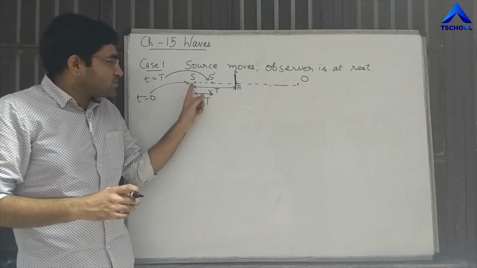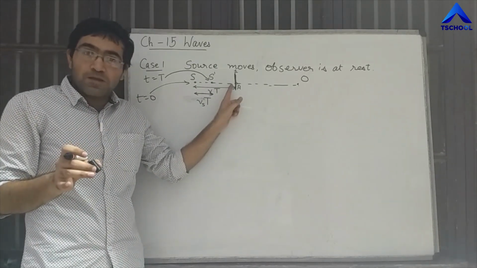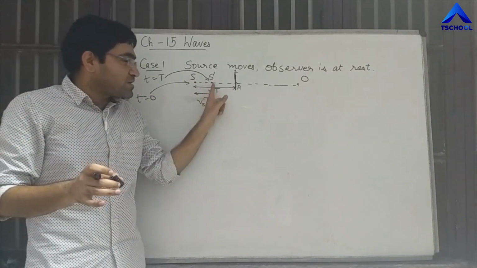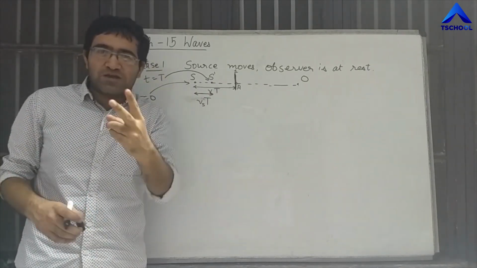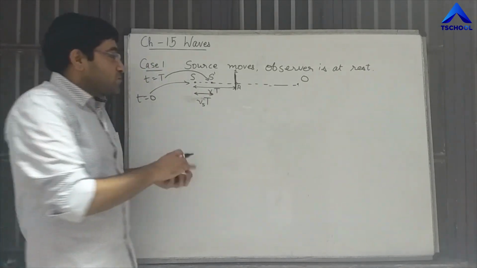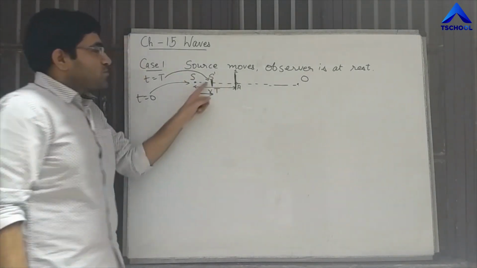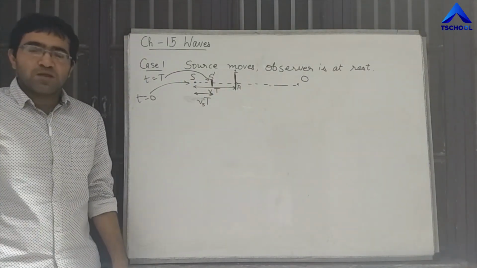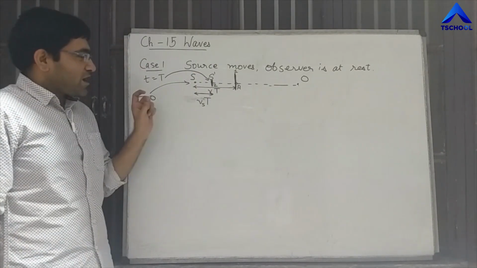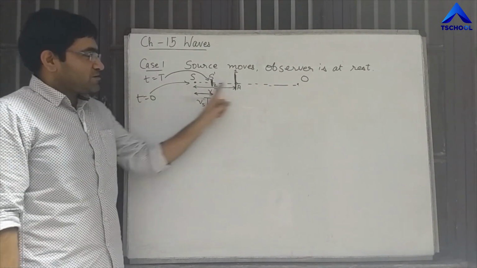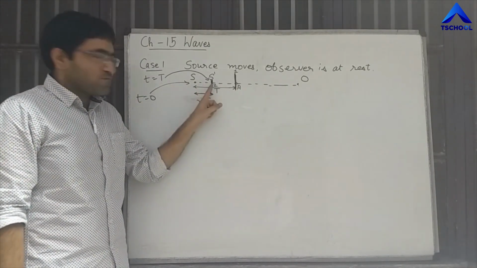So the first crest traveled all the way from here to there in time capital T. In the same time the source traveled from S to S dash. Now the source is ready to emit the second crest, so it's going to emit the second crest from here. So this is the position of the second crest. Now what we have is that at time t equal to capital T, crest 1 is over here, and crest 2 is over here.